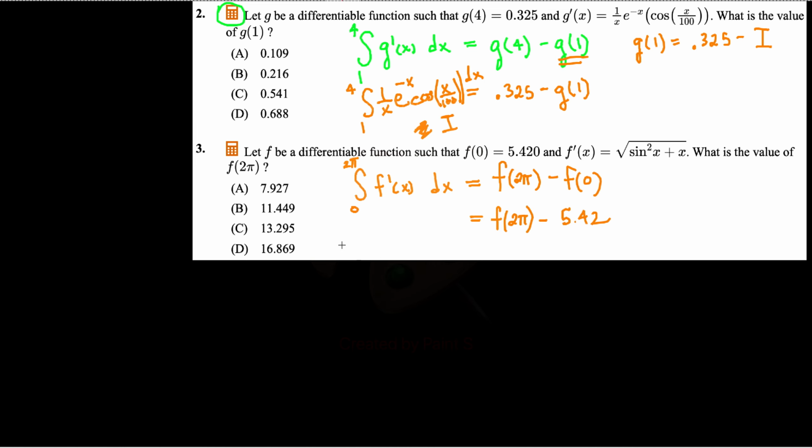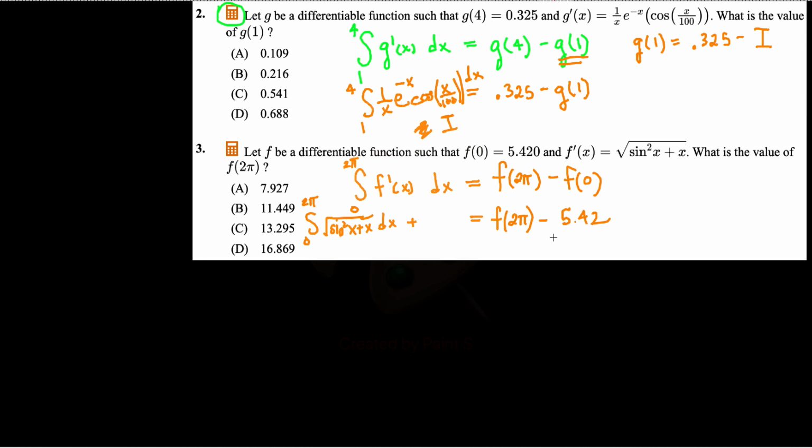So I would add this over to the other side, and I would get the integral from 0 to 2 pi of whatever this is, the square root, and again, you've got to use the calculator, of sine squared x plus x, dx. That's f prime of x. I would use the calculator to find out that value.